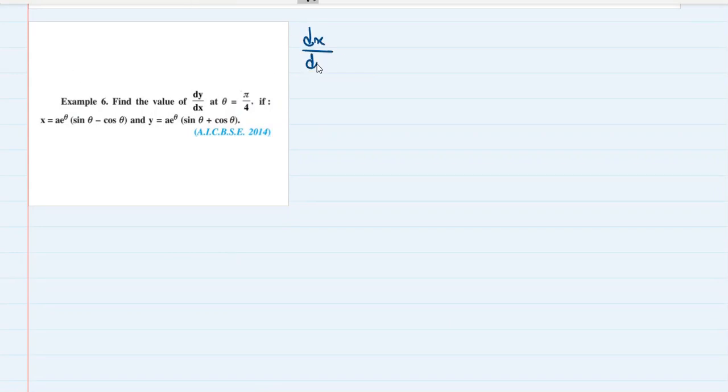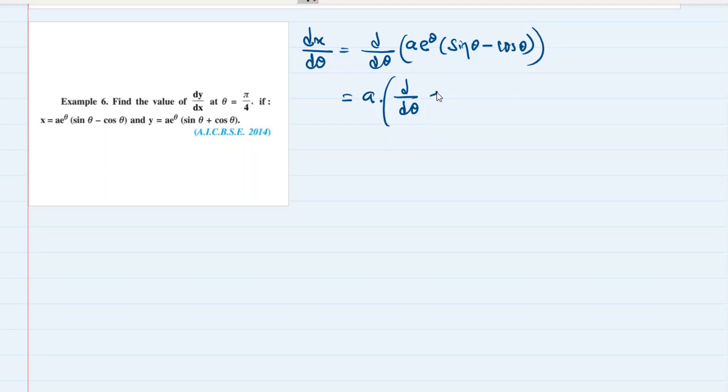So dx by d theta is equal to d by d theta of x, that is a e raised to theta bracket sine theta minus cos theta. Okay, let's do it. So we have a bracket d by d theta of e raised to theta bracket sine theta minus cos theta.